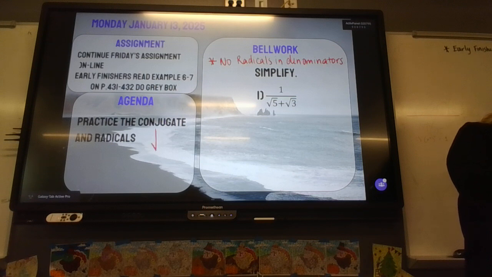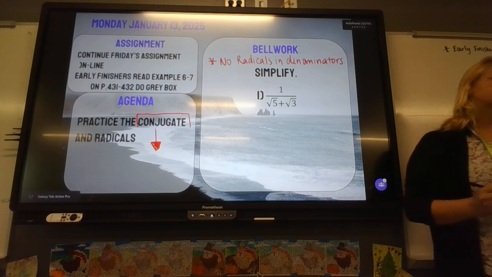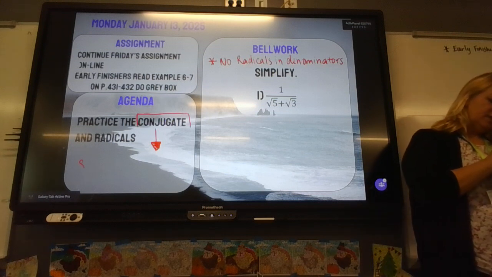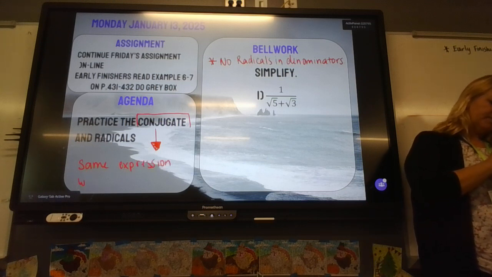And the main way to achieve that is to use this word conjugate, which means you're multiplying in the same expression. The conjugate is the same expression with an opposite sign.